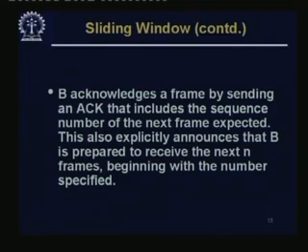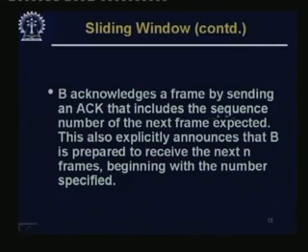That means 54 is the next sequence number which is expected in the next frame, which means that up to 53 everything has been received. So, that is the small variation.